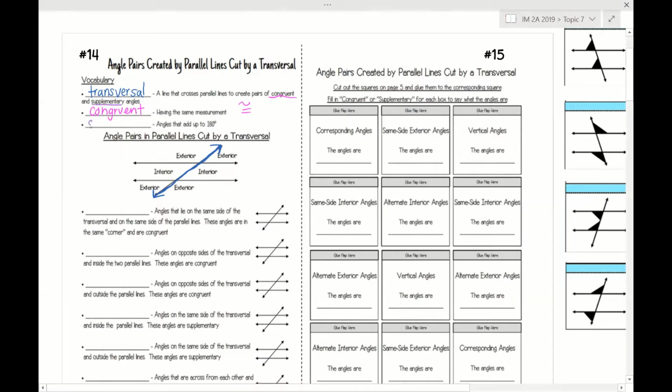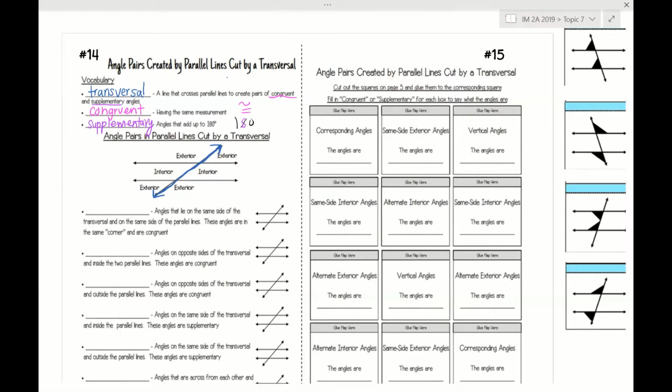So remember that supplementary angles add up to 180. The clue to remember that is that the S, I can make the S into a 180, versus complementary started with the C, and I can turn that into a 90.